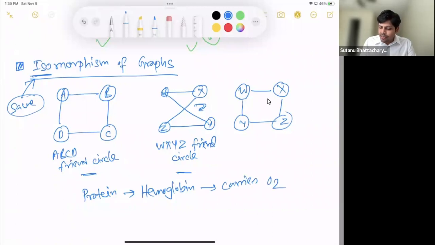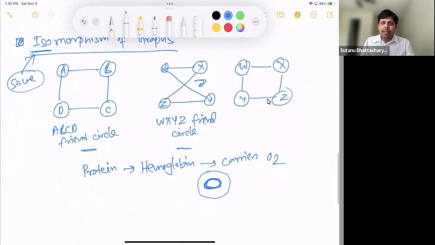If you look at hemoglobin, the structure looks like this, round shape, and there is a pocket inside that, which actually carries oxygen. The oxygen is carried through this pocket. So what is the importance?